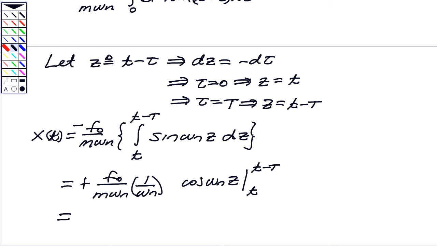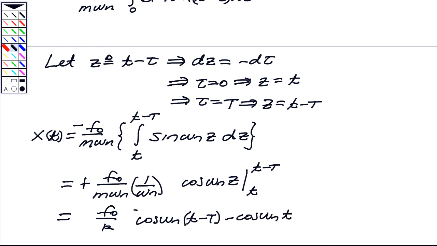So the integral of the sine function has the negative sign in front. So this becomes f naught over k, and we evaluate cosine omega n z at t minus big T, minus cosine omega n small t.